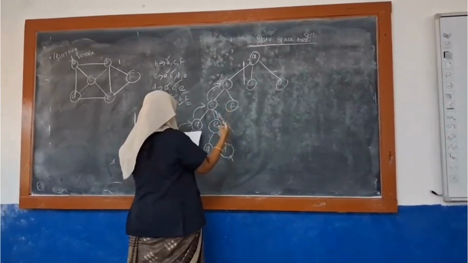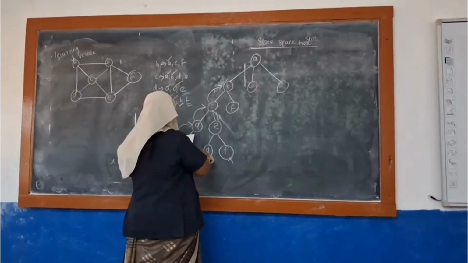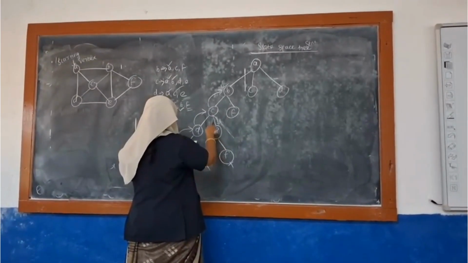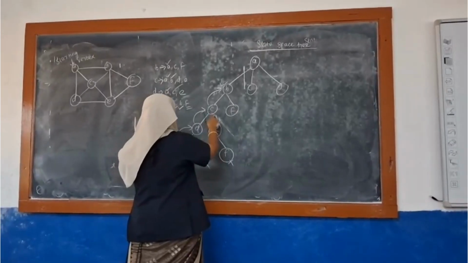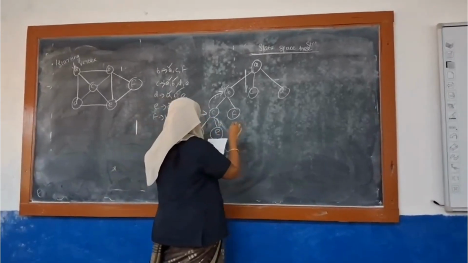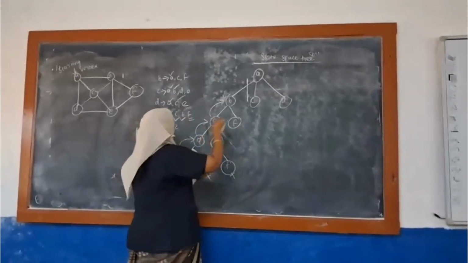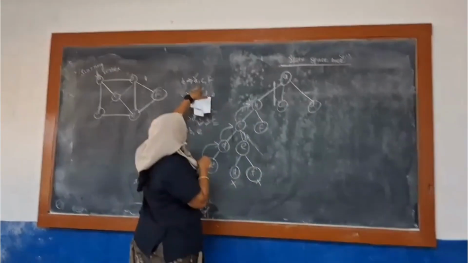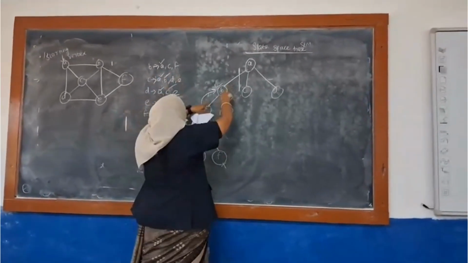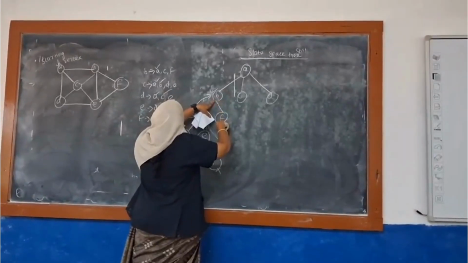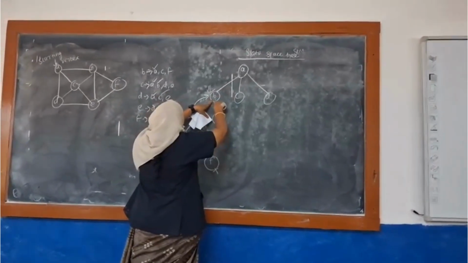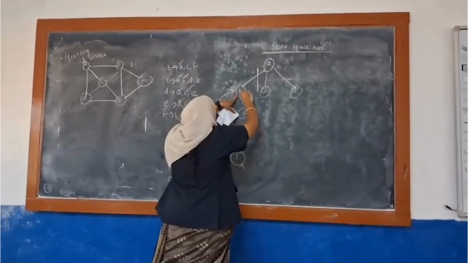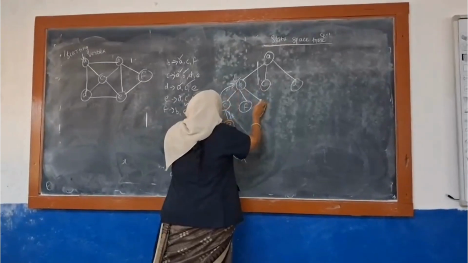One second. Okay, so who are the neighbors of B? A, C and F. So from this B already I am having F. Who is missing? C is missing.